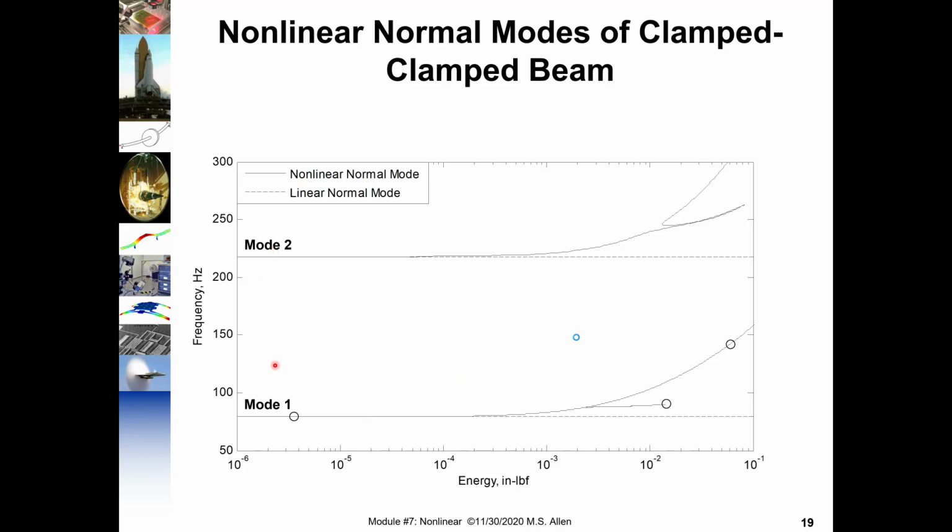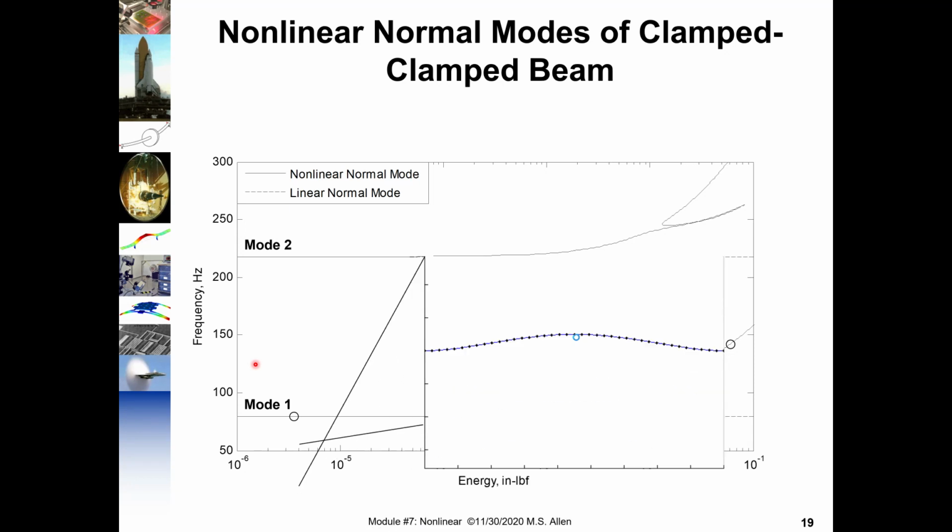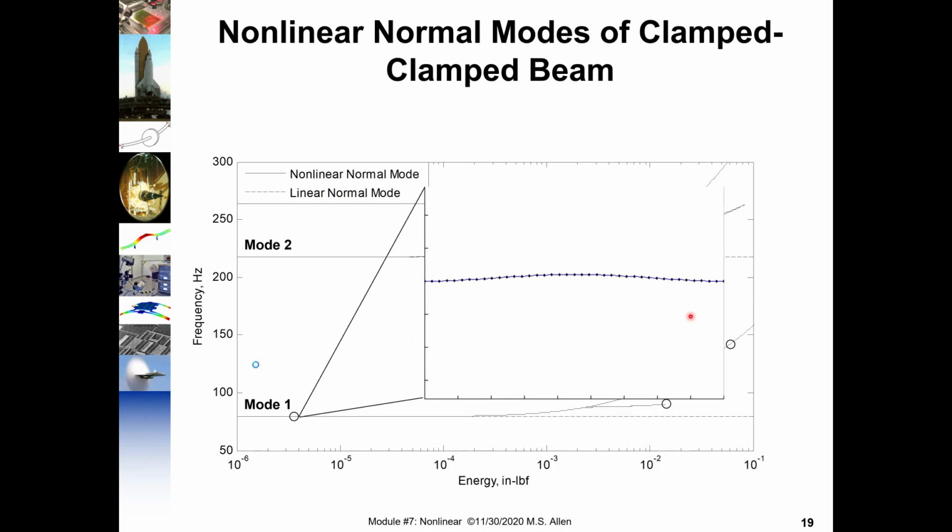So here's mode 1 and mode 2 of that beam. And again, natural frequency versus vibration amplitude. And so what these results show us is what happens when you have a nonlinear structure. At low amplitude, this is a linear mode of a clamped-clamped beam. And notice that all the nodes are just moving up and down.